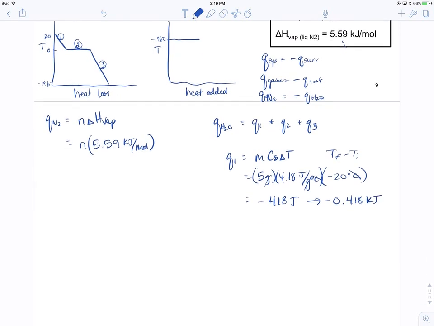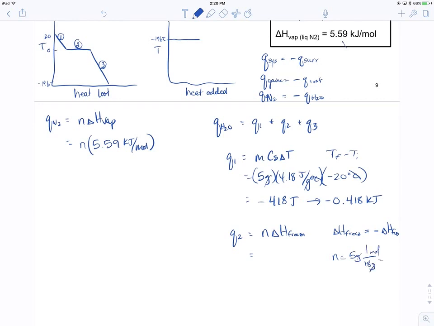Then Q2 is my freezing phase, and we'll use the n delta H freezing. And delta H freezing isn't a number that we look up in the literature, but it's equal to the negative of delta H fusion or melting. So this would be the number of moles, so 5 grams divided by 18 grams per 1 mole.